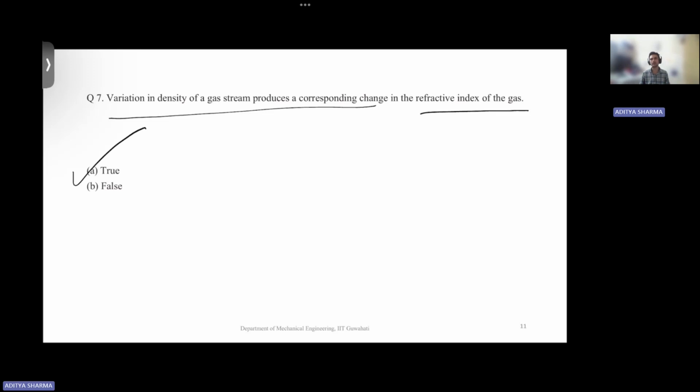Change in density is going to change the refractive index. And because of this change in refractive index only, the path of light changes, and your optical instruments eventually exploit this behavior only.